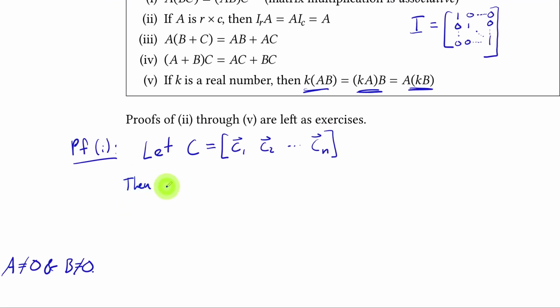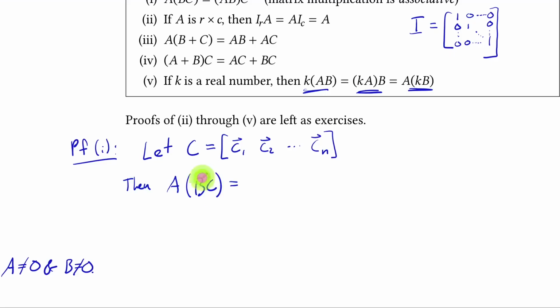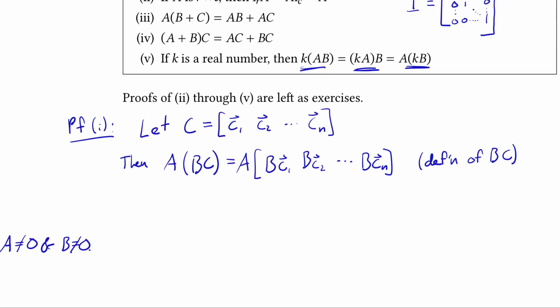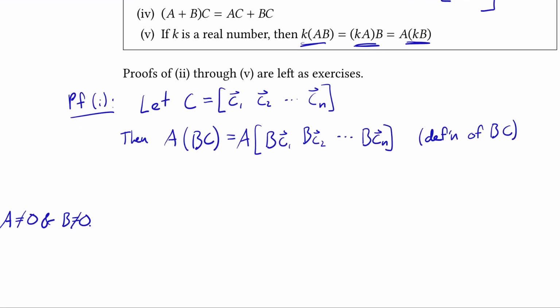Then when you do A times the product BC, the definition of BC is the matrix that has columns that are each B times the corresponding column of C. Now we're multiplying A by another matrix that has these columns. So the definition of multiplying A by another matrix is the same idea. We're going to do A times each one of these columns.